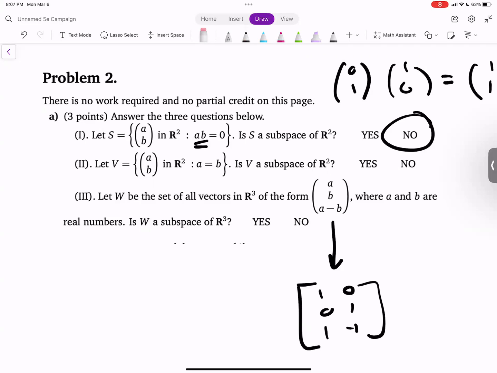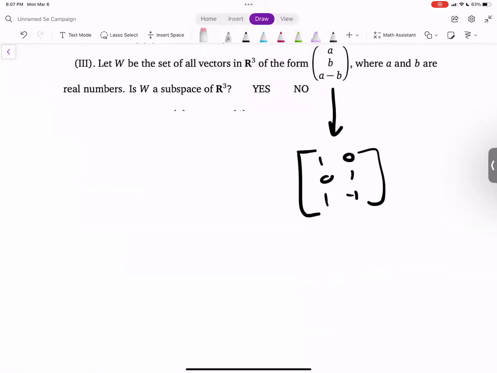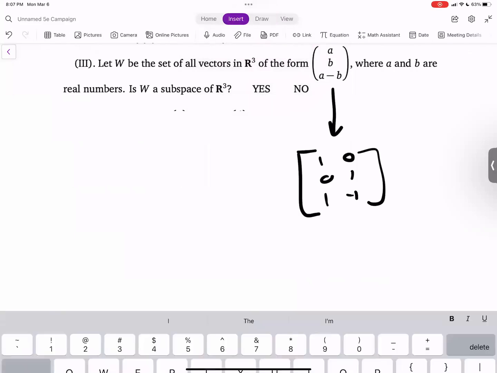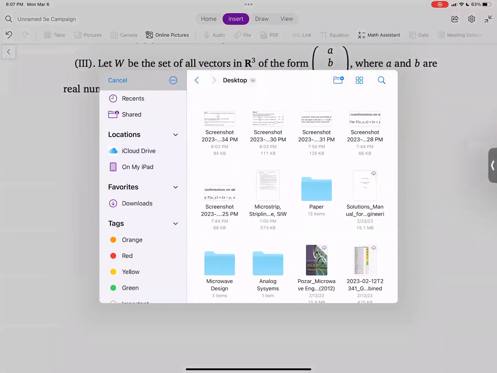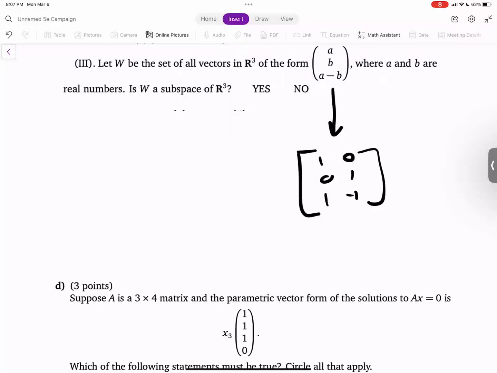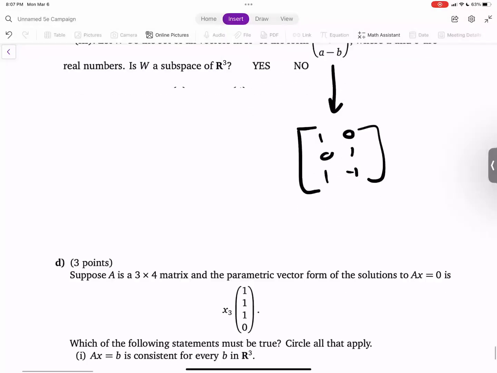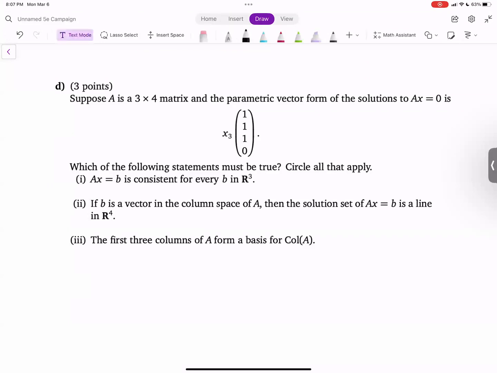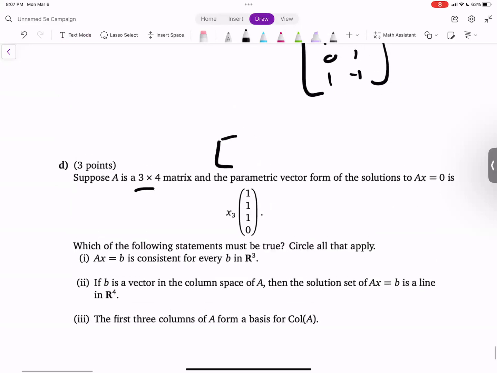Cool. Moving on to 2D. Suppose A is a 3x4 matrix in the parametric vector form, and the solution is given. So 3x4.